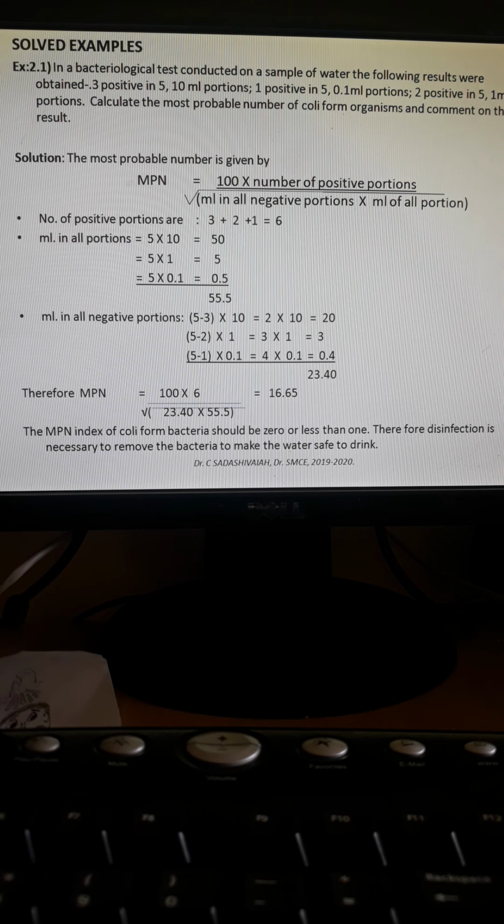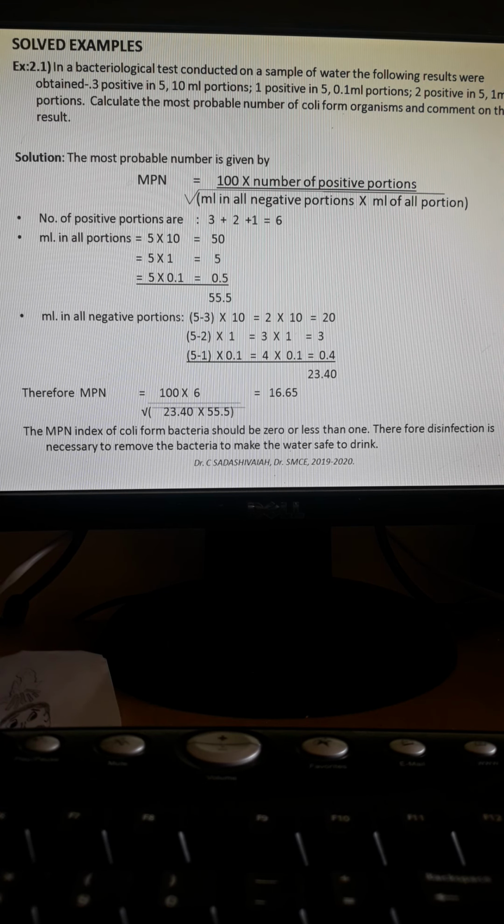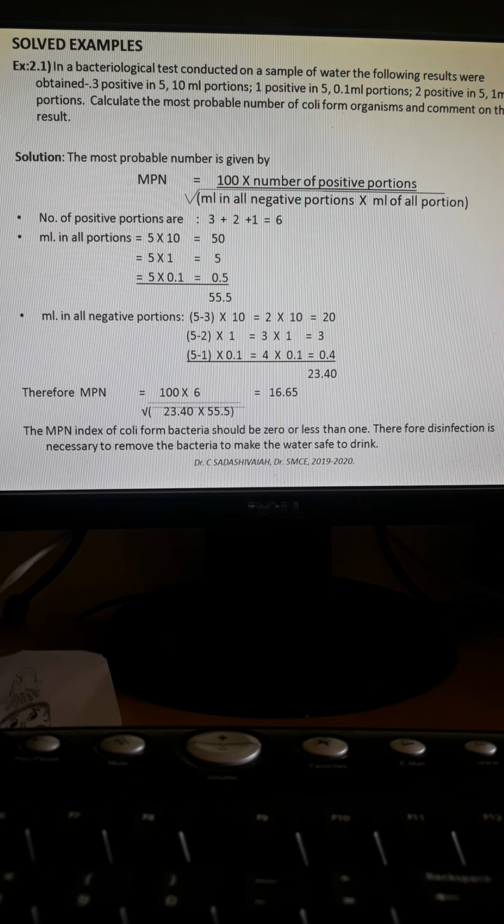So we shall understand this concept of bacterial density determination with this second example. Here the example goes like this.